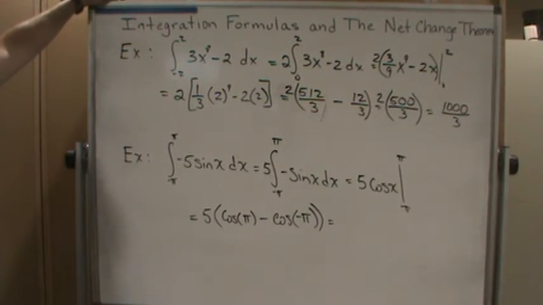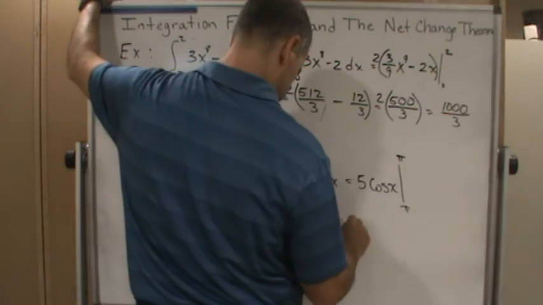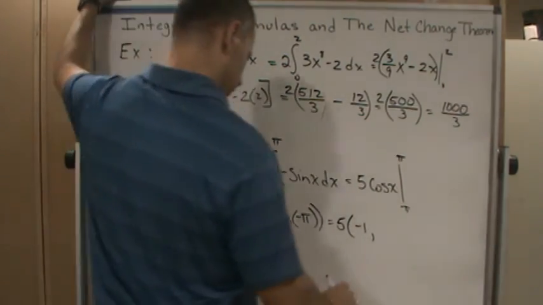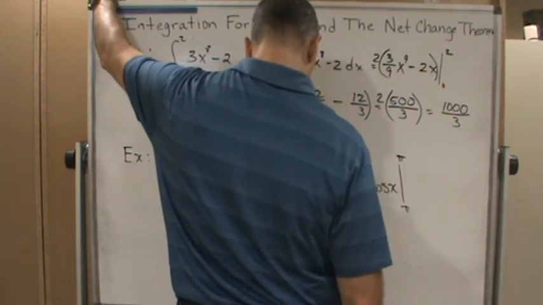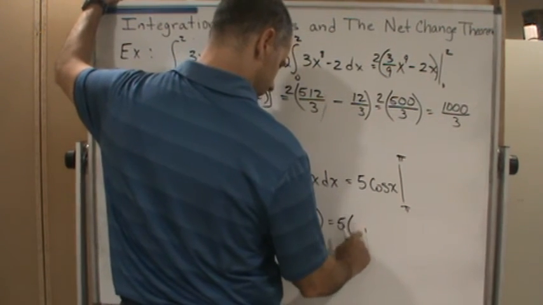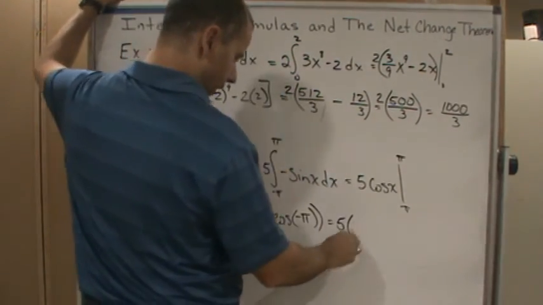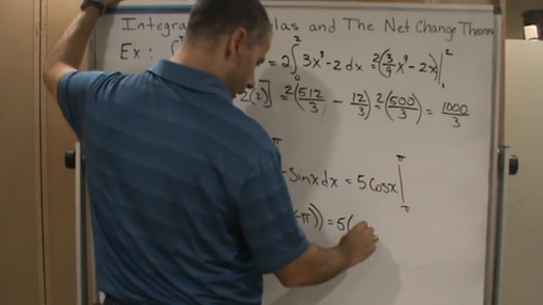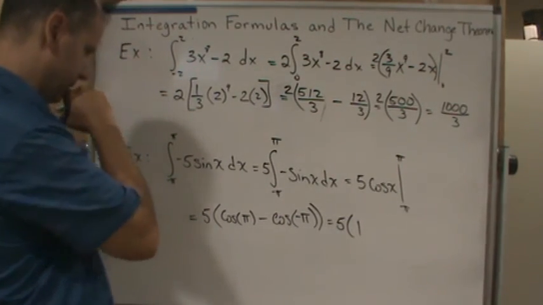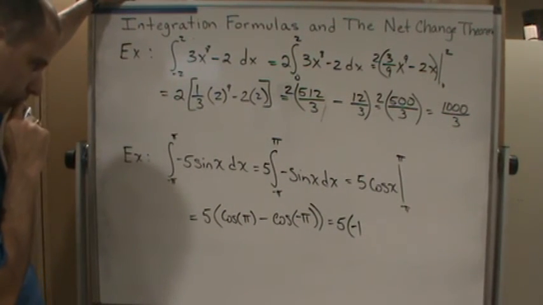Cosine of pi is -1. Or excuse me, no, positive 1. I was going the wrong way. Wait, the cosine of pi is 1. Oh no, negative 1. I was right the first time. The cosine of pi is negative 1.